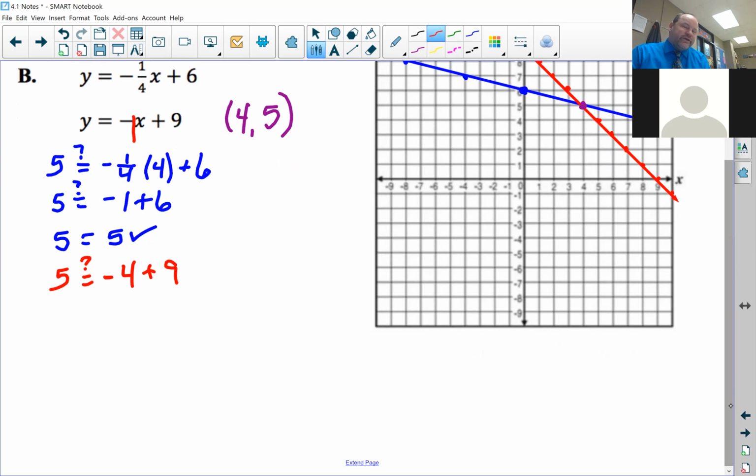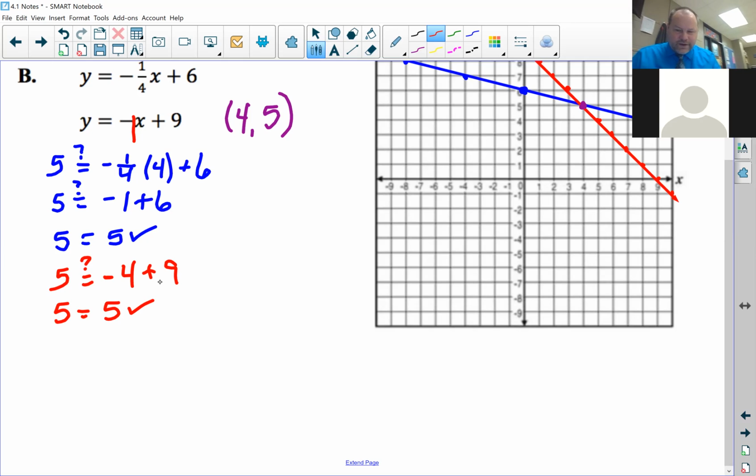So we could say -1 times 4, but that's just going to give us -4. We found that out from the first part of the first equation check. So really, I'm just taking -4 plus 9, which is the same as 9 minus 4. And it checks.